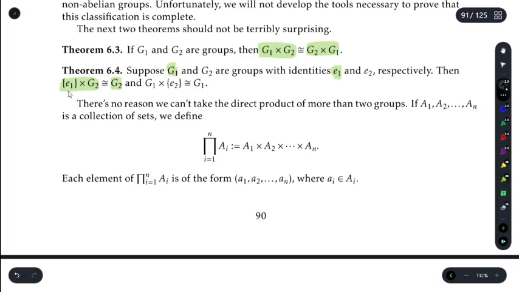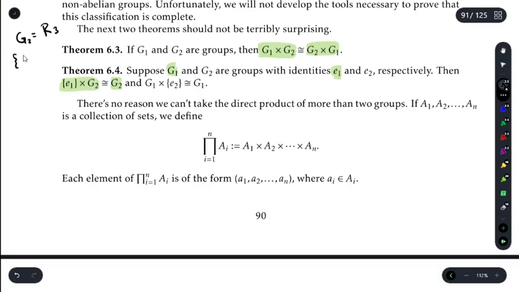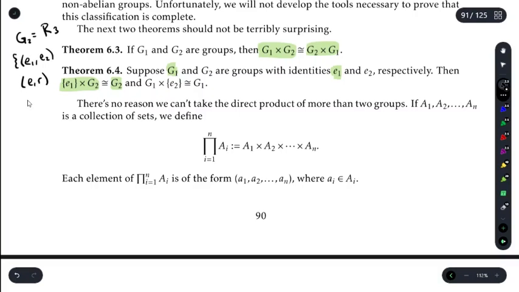So if I had something like G2 was equal to, let's say, the rotation group on the triangle, R3, then our elements are just going to look like E1, comma, E2, where E2 is just the identity in R3, E1, comma, R, oops, E1, comma, R squared.